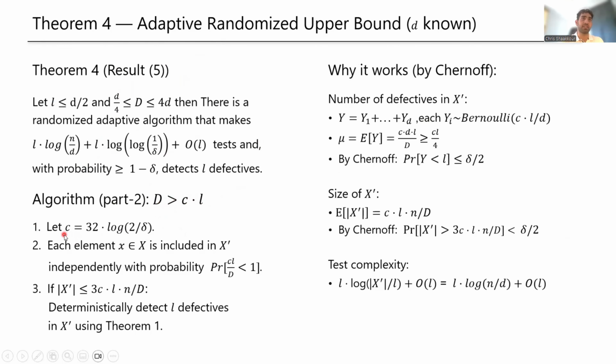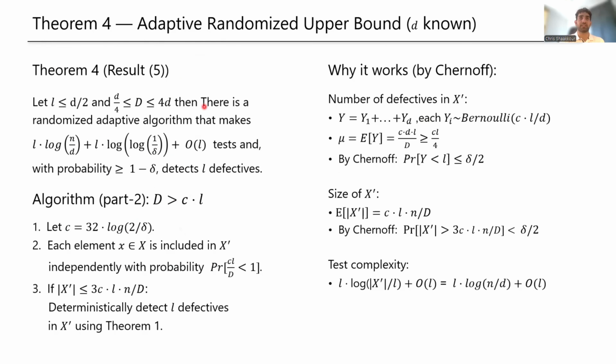So we have the same C defined here, 32 times log 2 divided by delta. Each element x, and then we do something to choose the x's. This is the probabilistic part of the algorithm, the randomized.